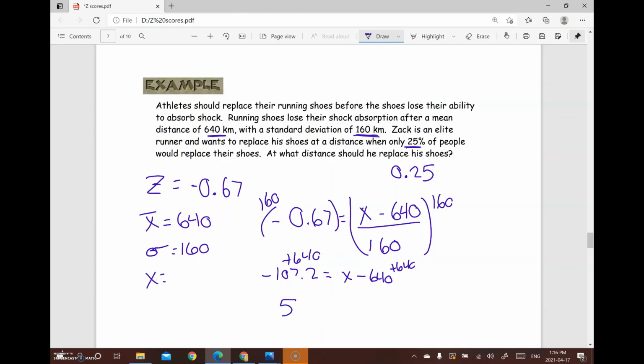And I get 532.8. So 532.8 kilometers is when Zach will replace his shoes.